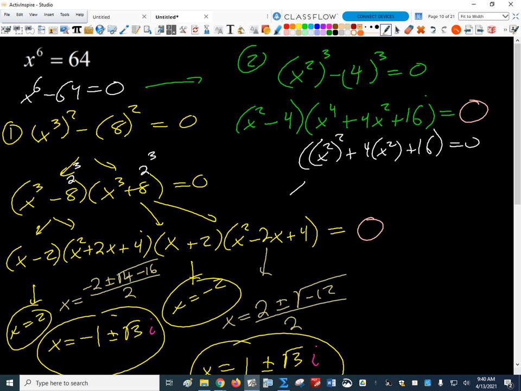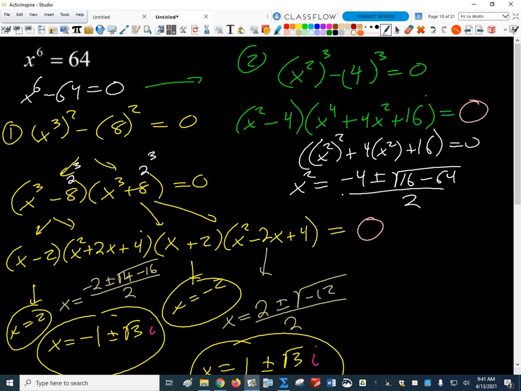And so I would get x squared equals negative b plus or minus the square root of b squared, so 16 minus 4 times 1 times 16, so minus 64 all over 2. Well, look what's going to happen here. I'm going to get x squareds equal to, I'm going to get i's in my answer.